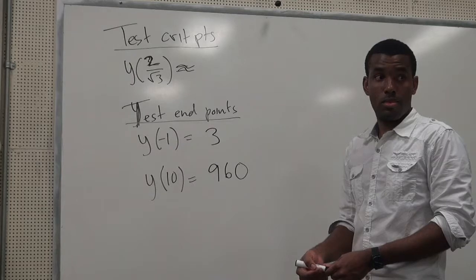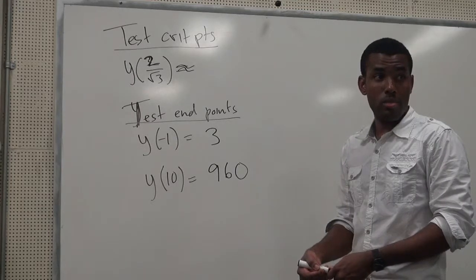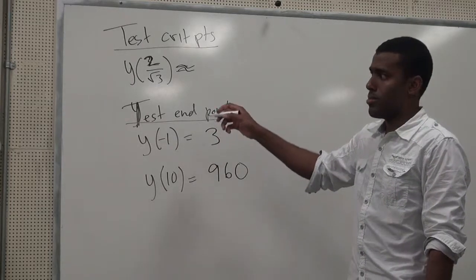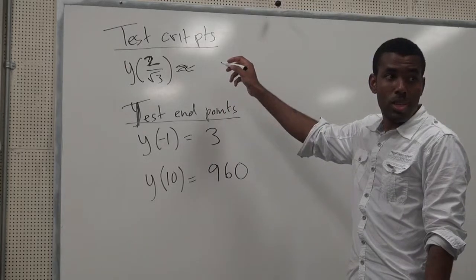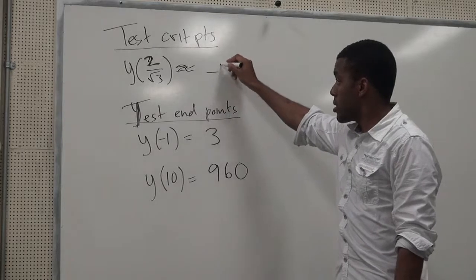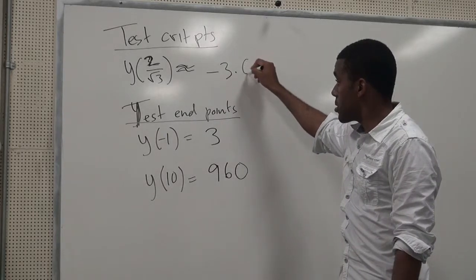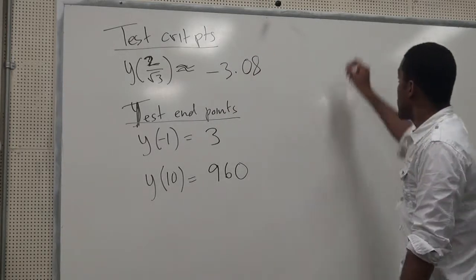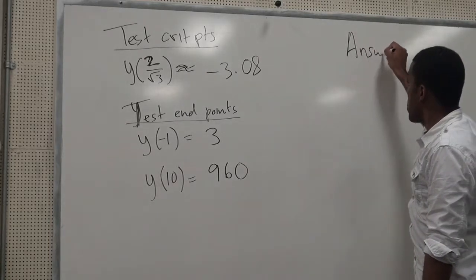Negative 3.8, is that right? It gives a negative number. What did you get? Negative 3.08. Okay. And so your answer to this question would be what?